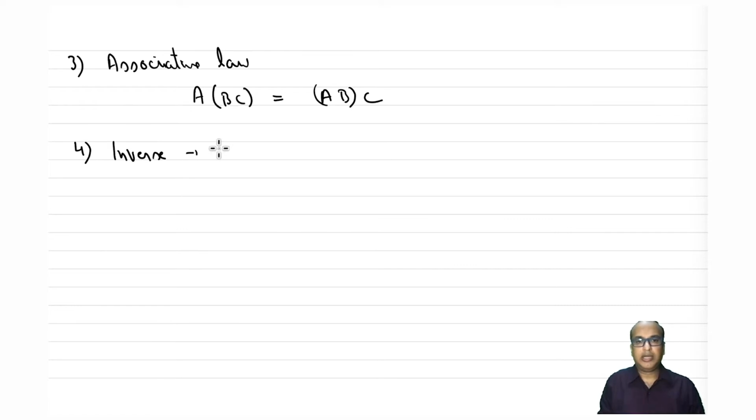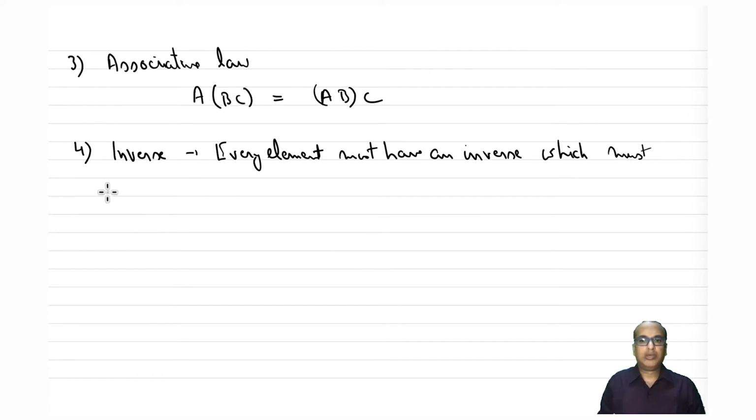That is, every element must have an inverse which must belong to the group, right? So these are the four properties which group elements must follow so that they can be called a point group, right?